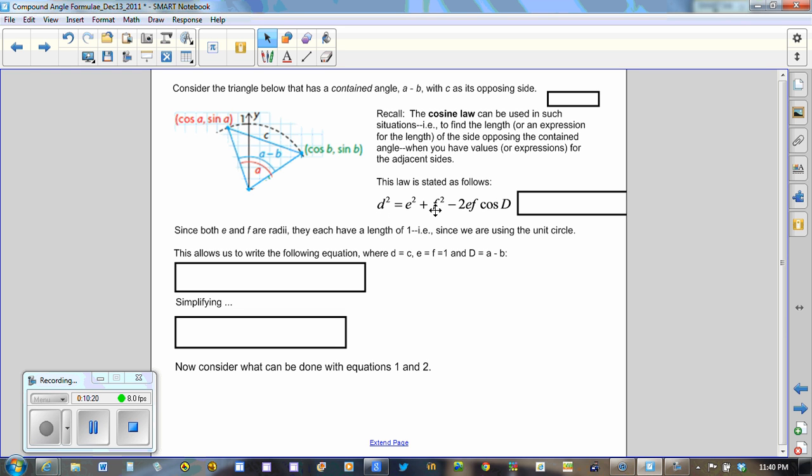Now E and F are both radii. That means that these two side lengths here of unit length 1 represent the radii of the circle. They also represent the sides adjacent to the contained angle, which is A minus B.